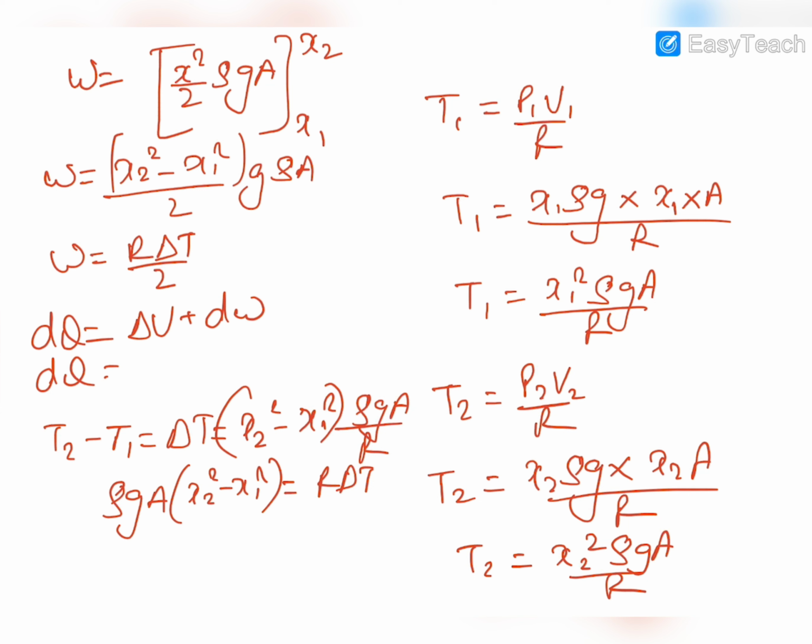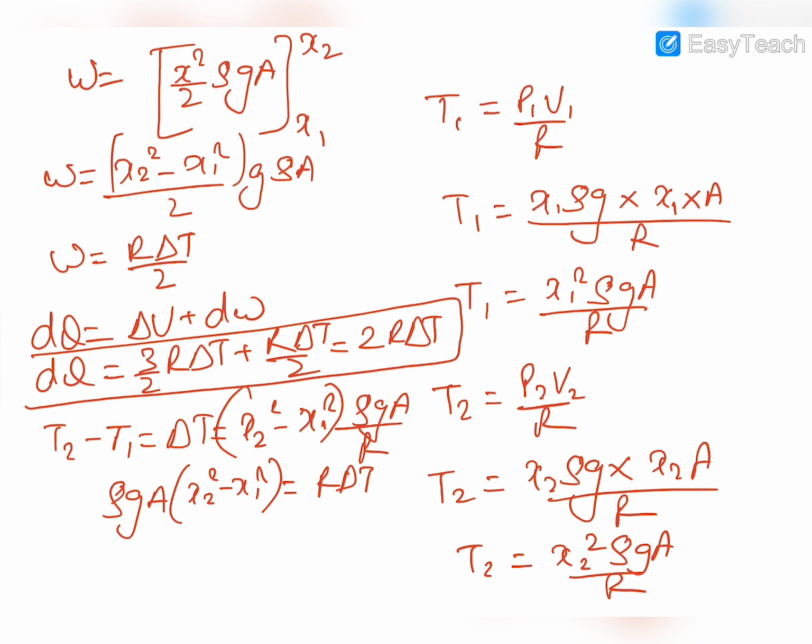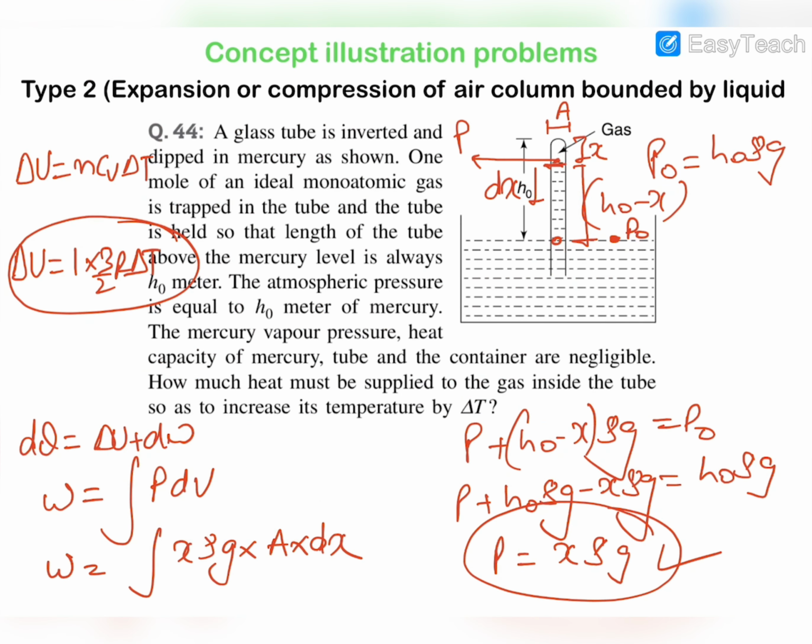So heat supplied will be equal to 3 by 2 R delta T plus R delta T by 2. So it would be 2 R delta T. So this is the final answer, that the heat supplied to the gas for this purpose is 2R delta T. Now we move on to the next question.